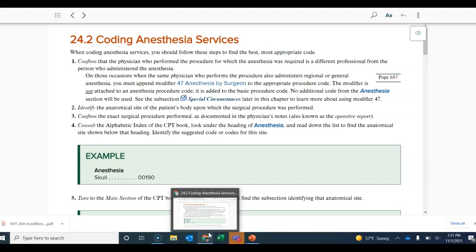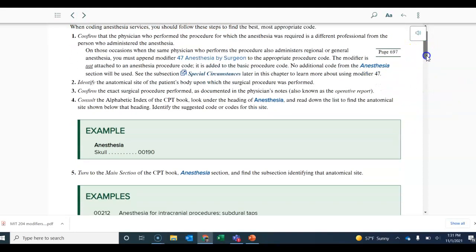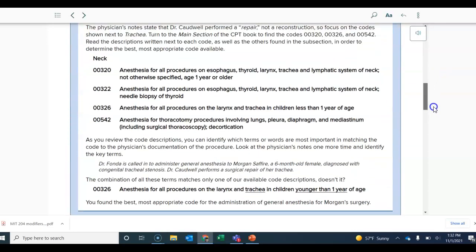So that's the first thing. And when you're coding for anesthesia, the first digit is a 0. That's how you know it's an anesthesia code. Okay? So here's some examples.